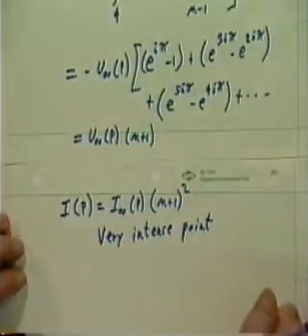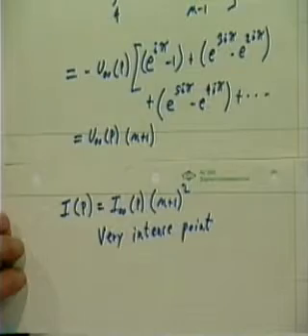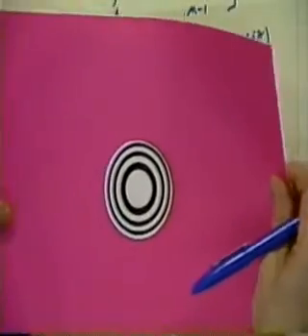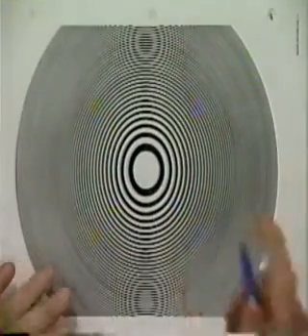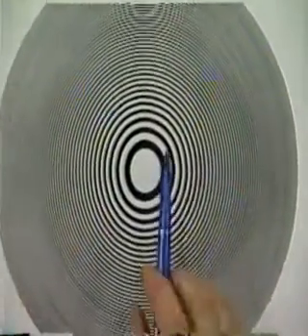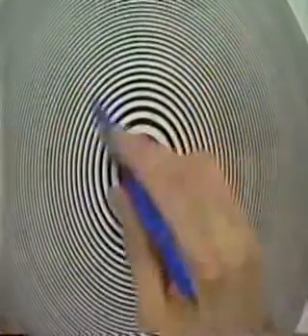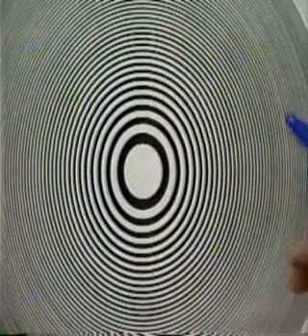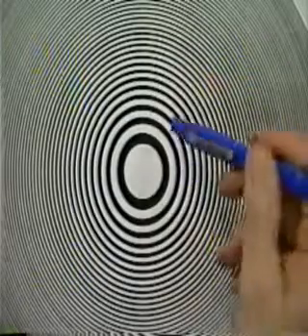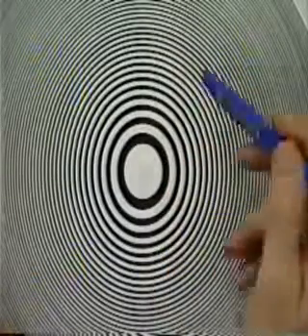Okay? And so by taking our aperture, breaking it up into Fresnel zones, and making every other Fresnel zone opaque, we end up with a much brighter focus spot. Okay?